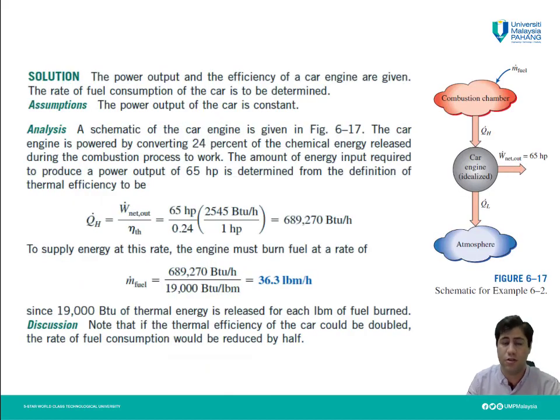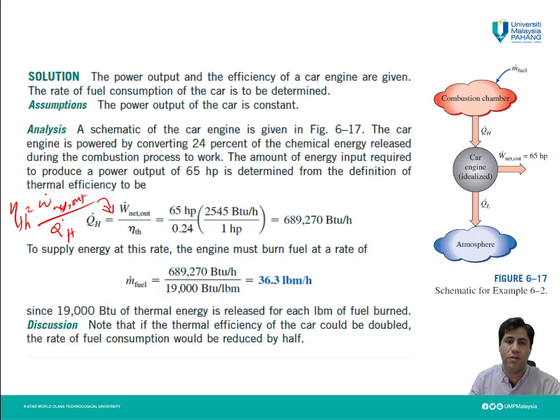According to this schematic, we know that thermal efficiency, again because it is a heat engine, will be W dot net out divided by Q dot H. By restructuring, we can have Q dot H equal to W dot net divided by thermal efficiency. We have W dot net out, which is 65 HP. Thermal efficiency also is 0.24.